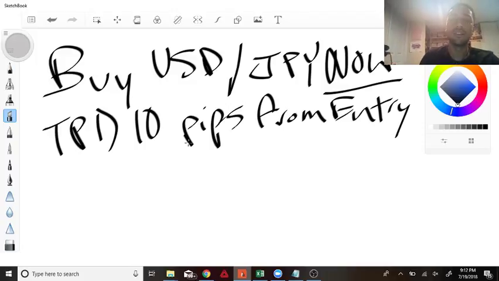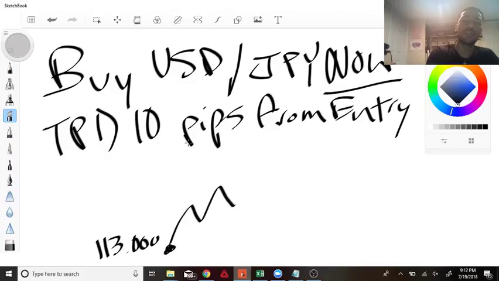So what that means is, let's just say this is where you are in the market right now. Let's say the price of the difference between US dollars to Japanese yen is right now at 113.000, and we believe that the price is going to go up in value, right?